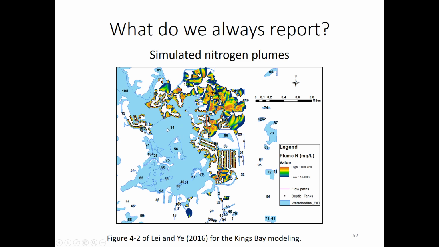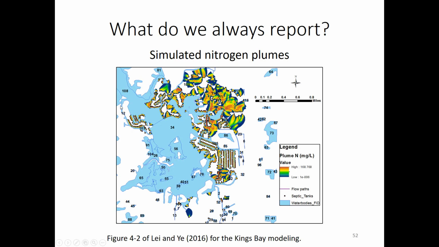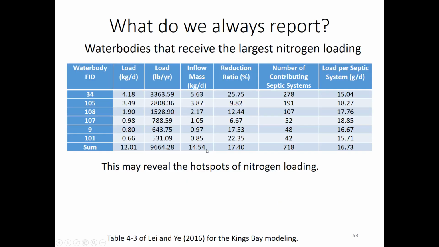Of course, this 34 will have the largest load, and those are canals, and you also have septic tanks near to it, and those contribute nitrogen from septic tanks. And actually, this is 105. This is the second largest water body receiving nitrogen load, and you see here this 105. Because the septic tanks are so close to the canal, the loading is so high here.